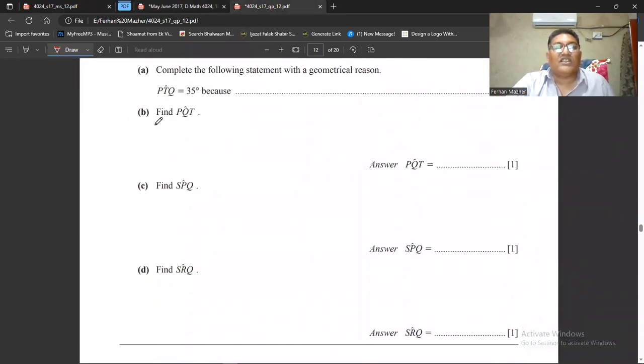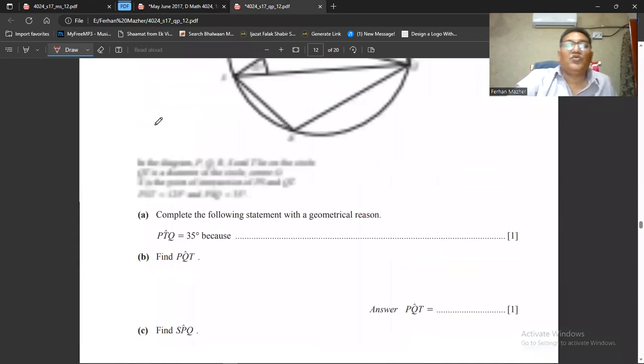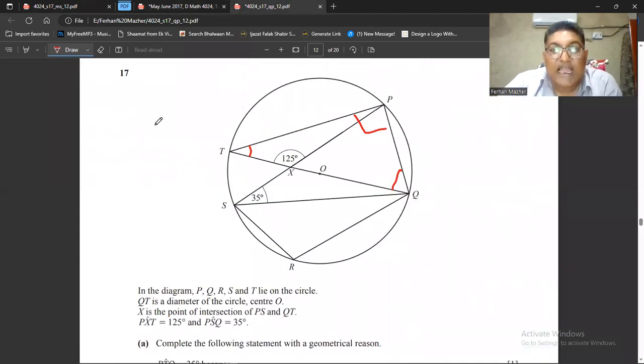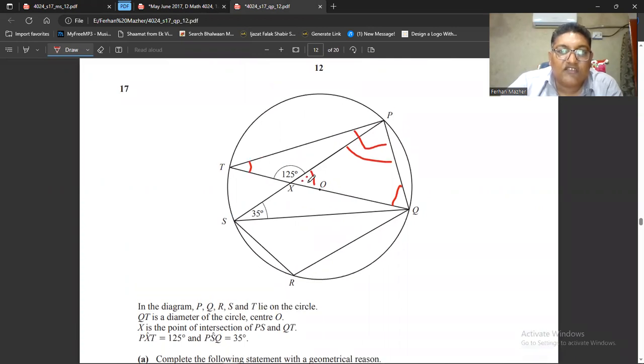Okay, then the question is what is SPQ? They want me to find out this angle. So I can first of all find this angle. If I know this angle, it will be 180 minus 125. We just calculated that, and it is 55.